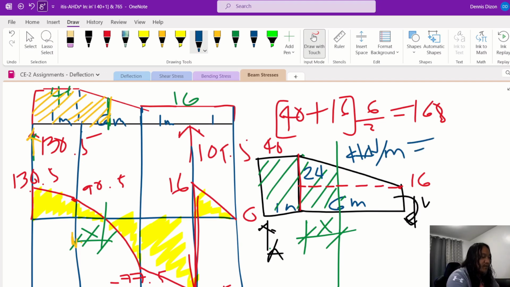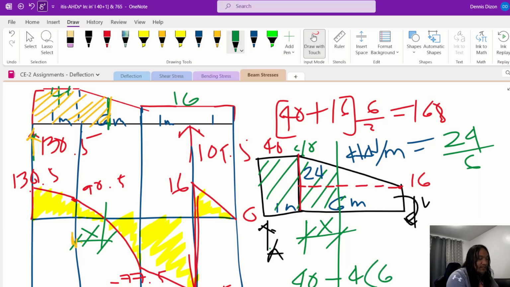If you check, from 40 down to 16, that is 40 minus 4 kilonewton per meter times 6, the total distance, so that you will get 16.